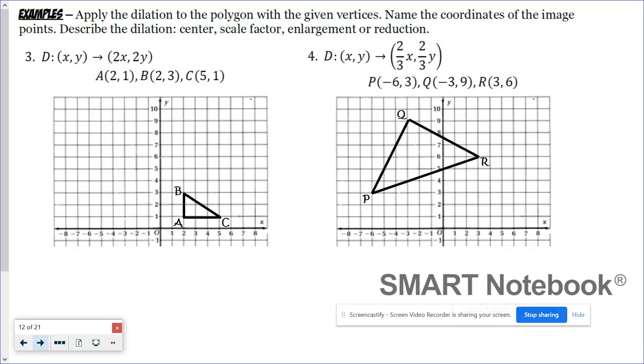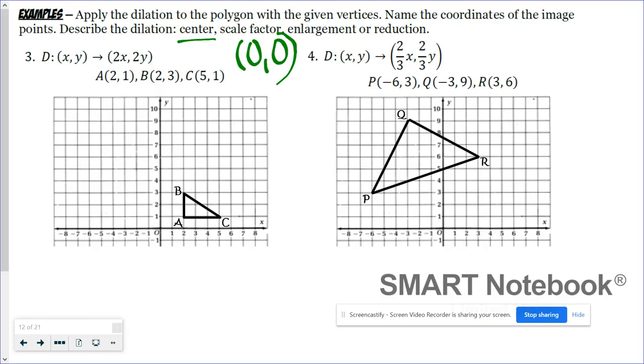Apply the dilation to the polygon with the given vertices. Name the coordinates of the image points. Describe the dilation, center, scale factor, enlargement, or reduction. In both of these, the center of dilation is going to be the origin. When it comes to center of dilation not at the origin, well, that's what we get to do in the next episode. Woohoo!